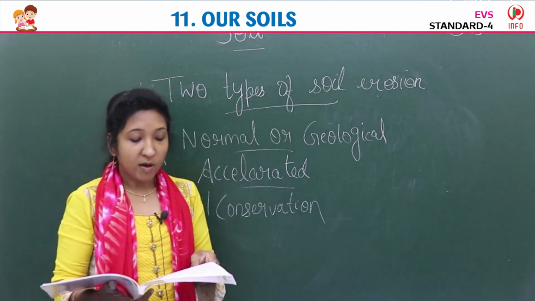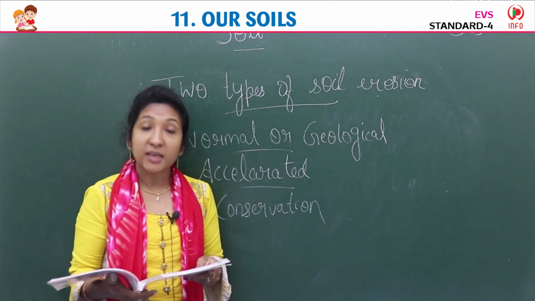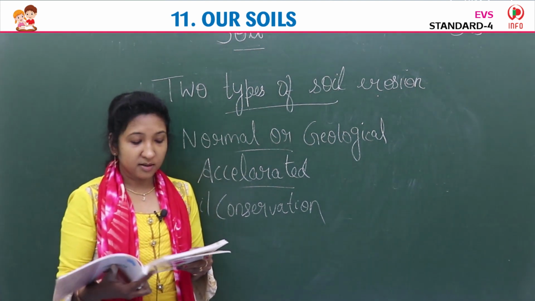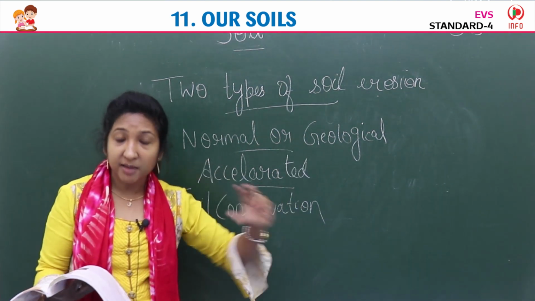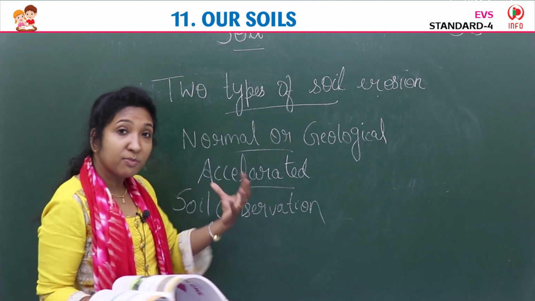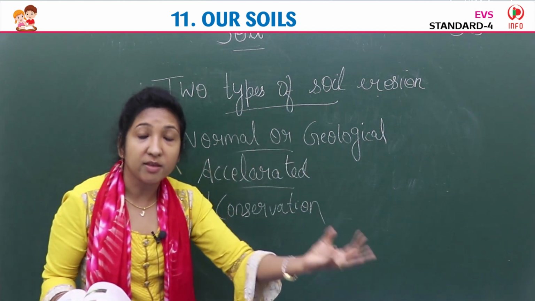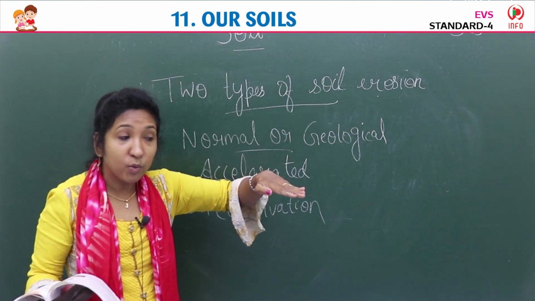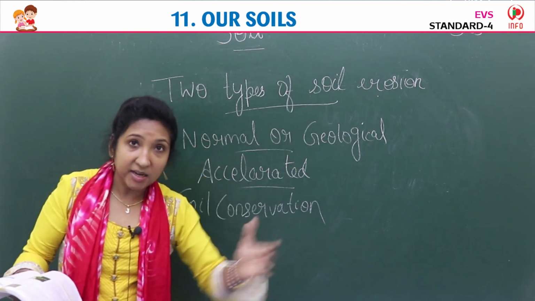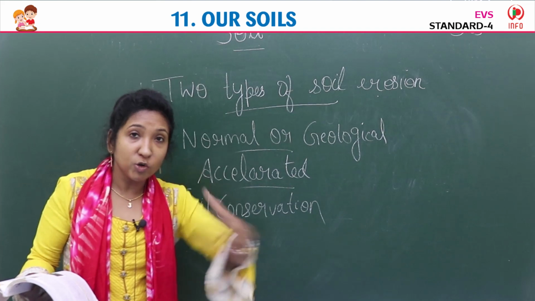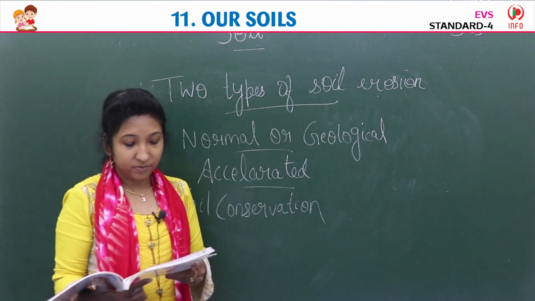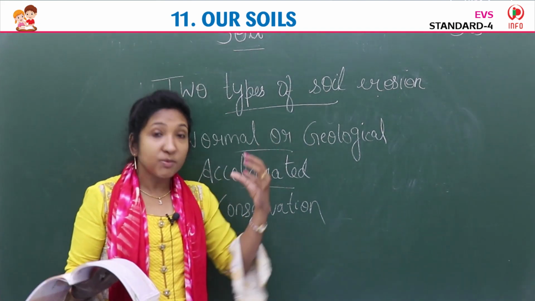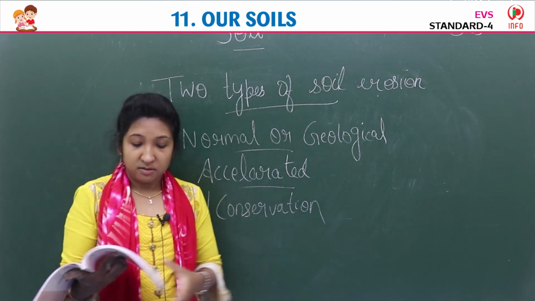Okay, soil conservation is the act of keeping the soil in place and healthy. Soil conservation means to conserve the soil, to keep the soil in that place. We won't allow it to wash away, drain away, or be lost. We want to keep the soil healthy.